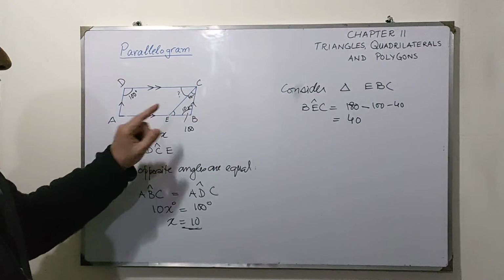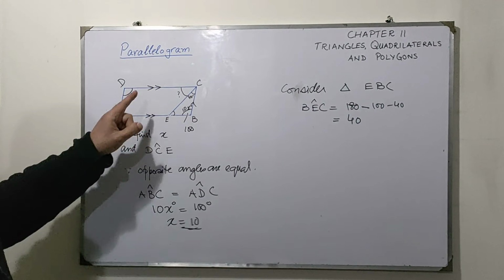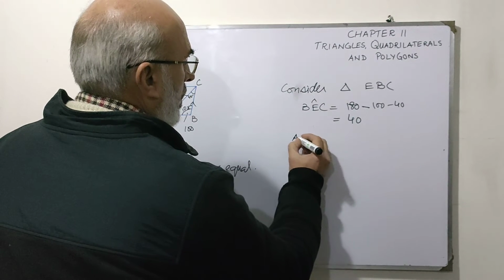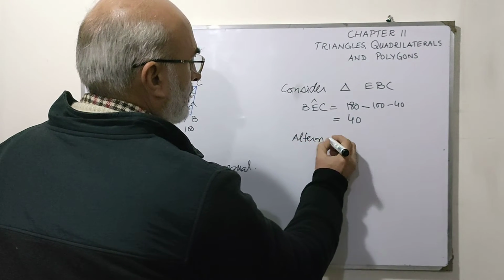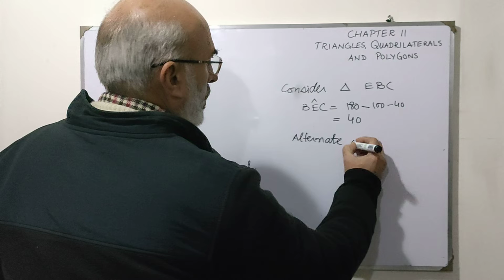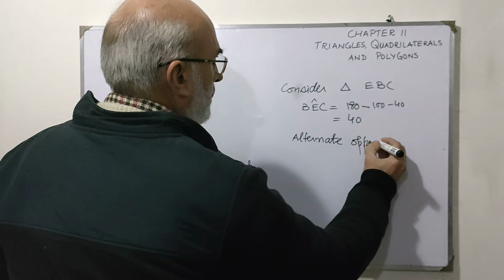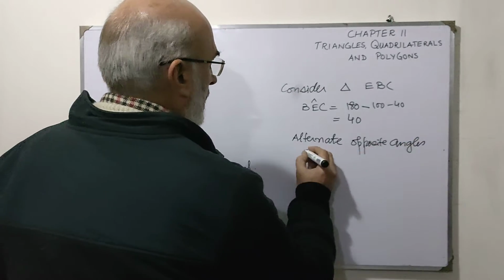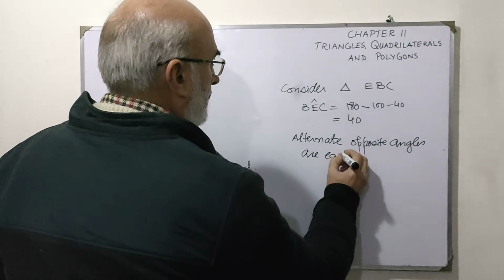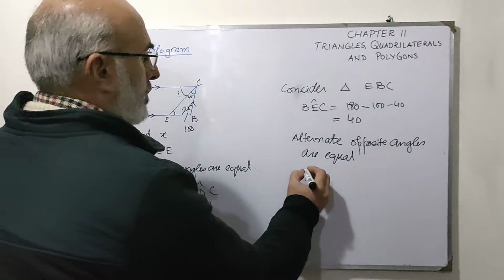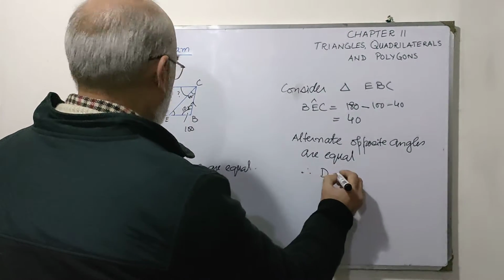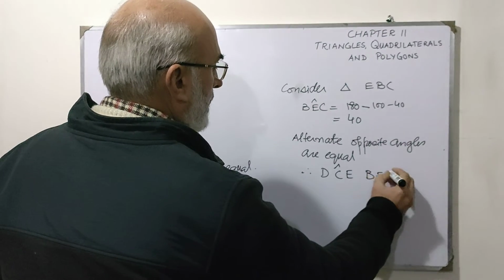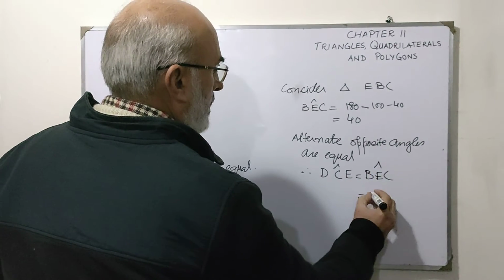So it is equal to 40. Now we have this angle, and since we know that alternate opposite angles are equal, therefore DCE is equal to BEC, which is equal to 40 degrees.